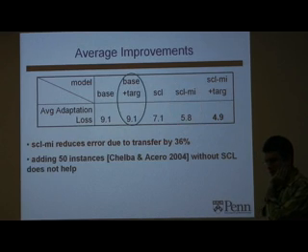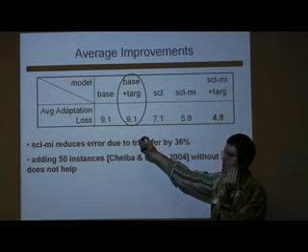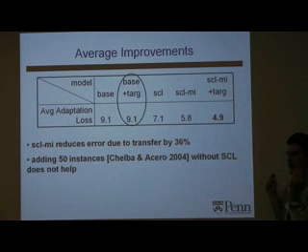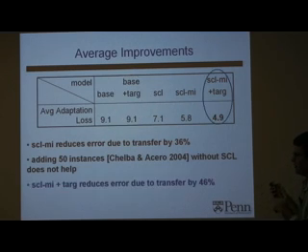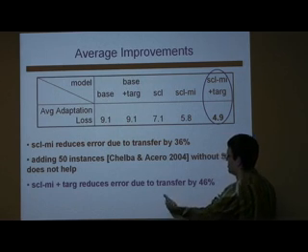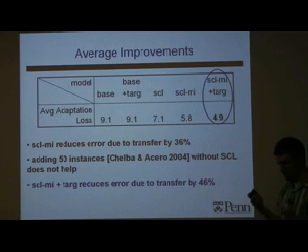And the thing I want to point out is that if you have just 50 instances and you use this other technique, basically it doesn't work at all. And that's because 50 instances just isn't enough to help you with such a high-dimensional weight vector, hundreds of thousands or millions of features, right? But if you have a good low-dimensional representation, you can further improve to a 46% relative reduction in error.